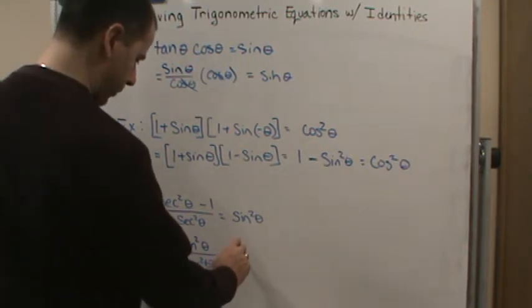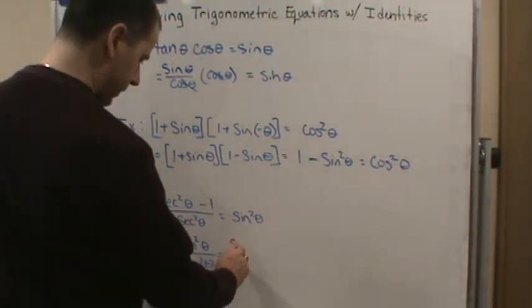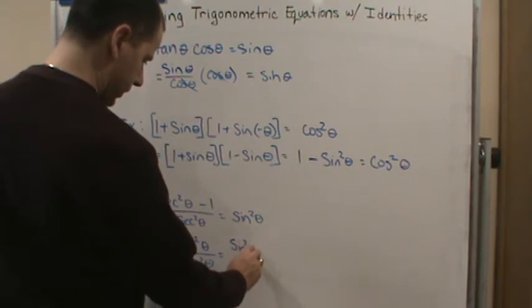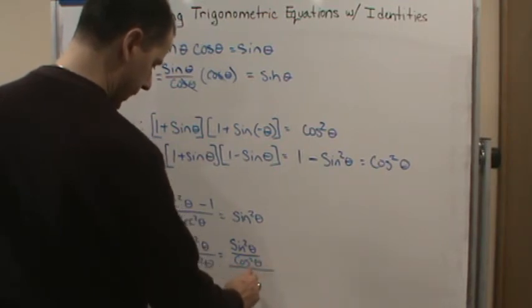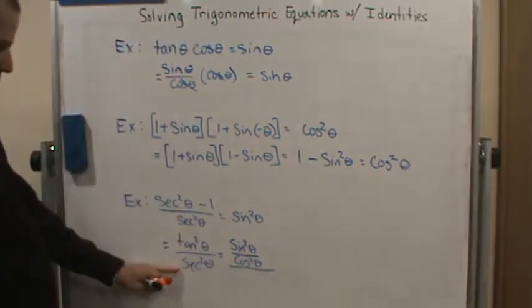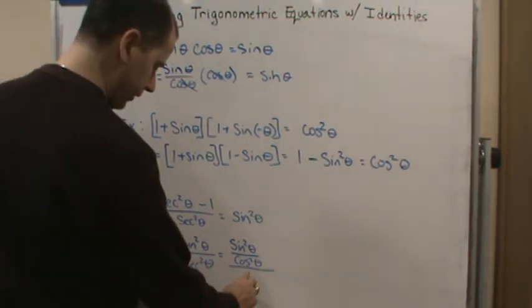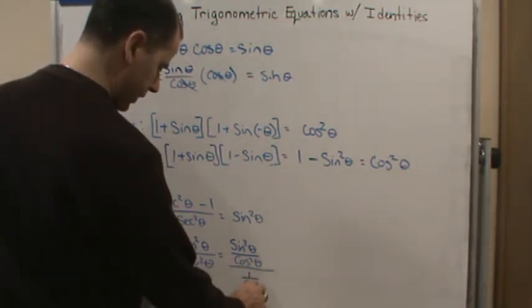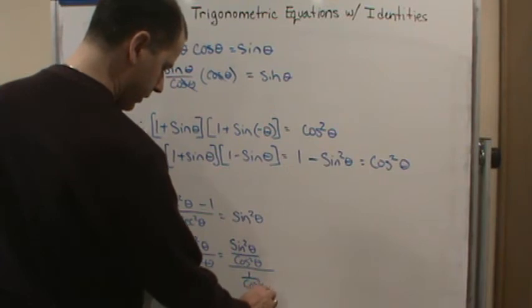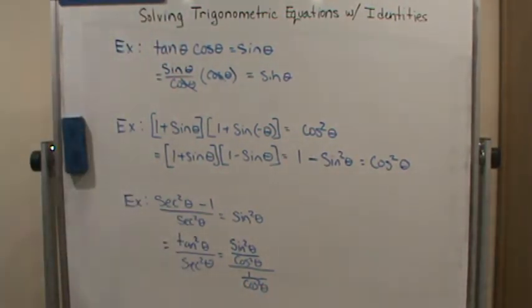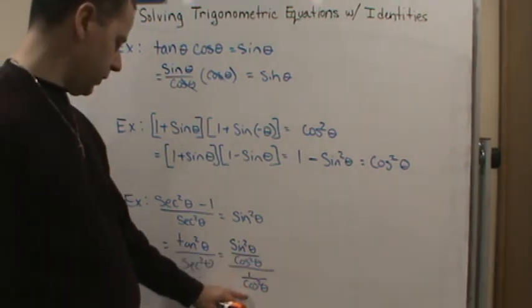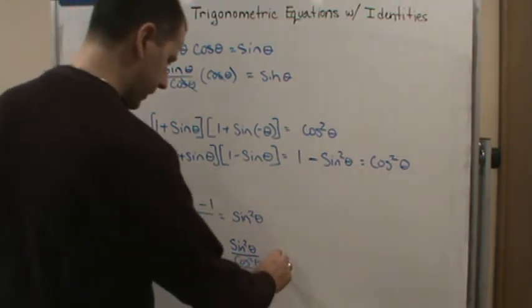We can write this as sine squared theta over cosine squared theta divided by what? What is secant? Well, that's 1 over cosine. So we're going to write 1 over cosine squared theta. And then of course we can multiply by the reciprocal of this, right?